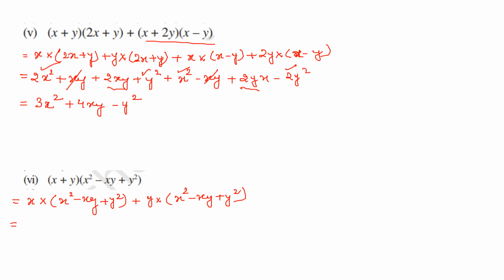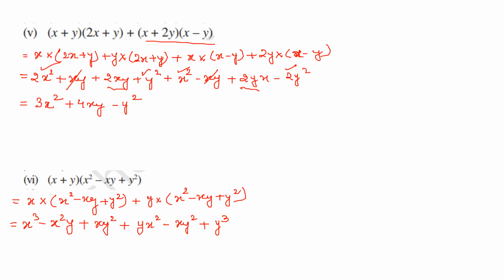So x into x square will give x cube, minus x square y, plus xy square, plus y into x square is yx square, minus y into xy will give xy square, plus y cube. Y into y square will give y cube.